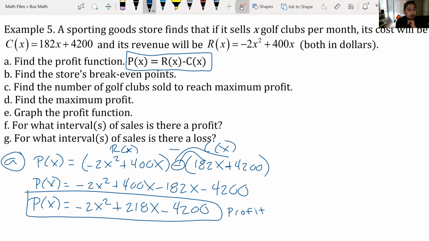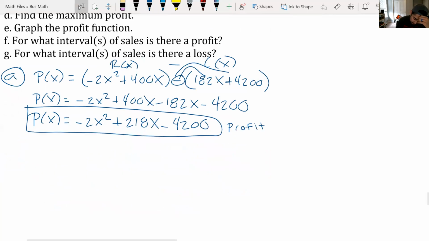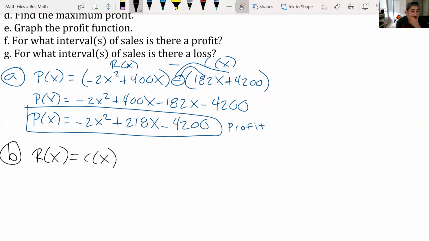B, find the store's break-even points. Okay, so let's do that. Break-evens. Back to that. So remember, if you break even, revenue equals cost. Well, what if I told you that we already have this function? It's the profit function, and I'll show you.